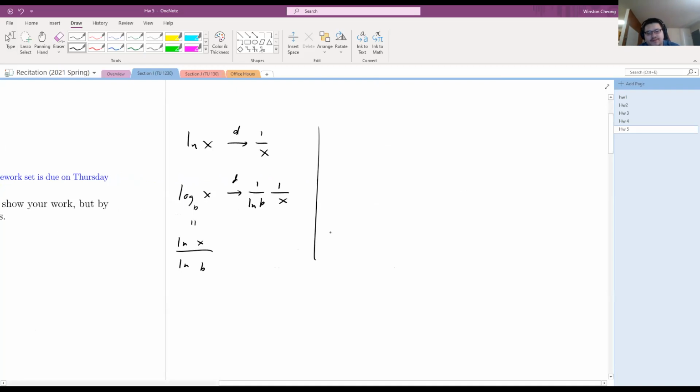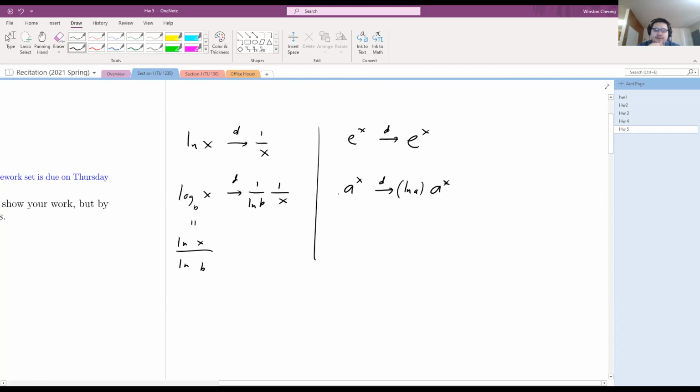Another thing is the exponential functions. So e to the x, you should know that it has a very easy derivative. It's just the original function. If, however, you have an arbitrary base, normally I use a to the x, then the derivative of this function is going to be a to the x with a correction factor of ln of a, just some number.